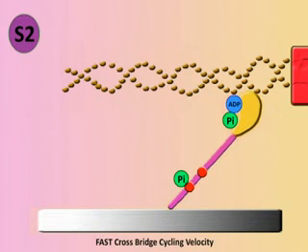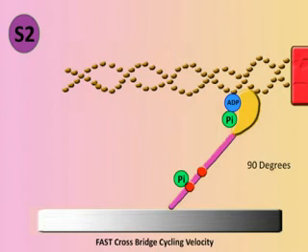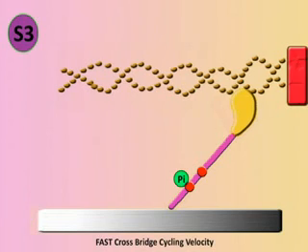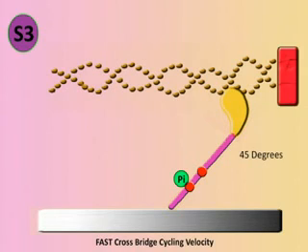The attachment of the phosphorylated myosin to the actin filament will happen, producing a 90-degree angle, and there will be a release of ADP and Pi from the myosin head. S3. This will create a ratchet action by pulling the thin filament towards the center of the thick filament and generate a force, creating a 45-degree angle.